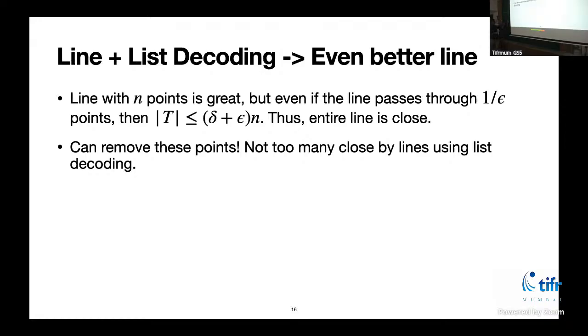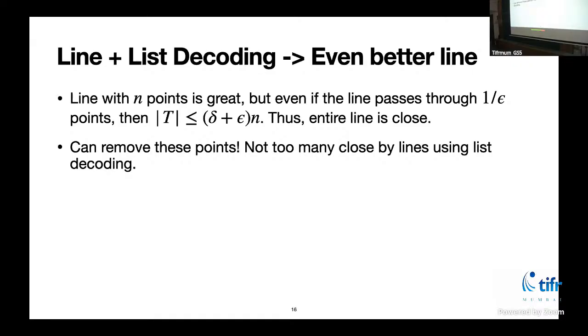Since there are A points close by, there must be a line which has at least 1 over epsilon points. If there is a line which has 1 over epsilon points, that entire line is delta plus epsilon close.